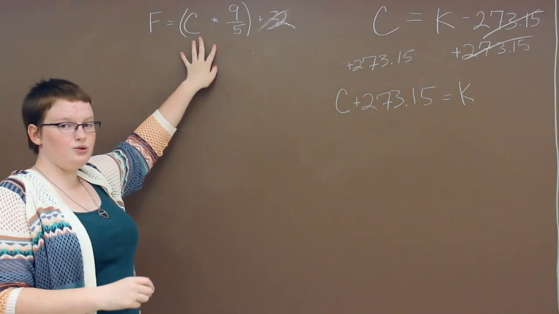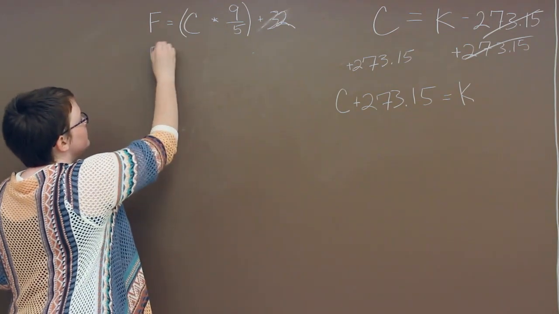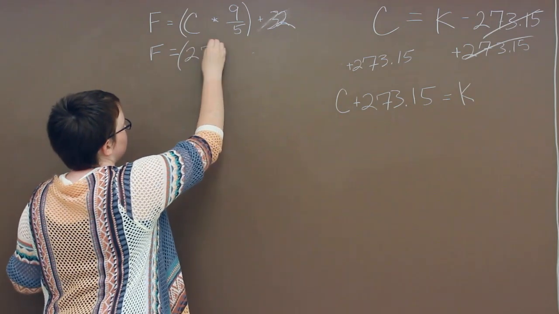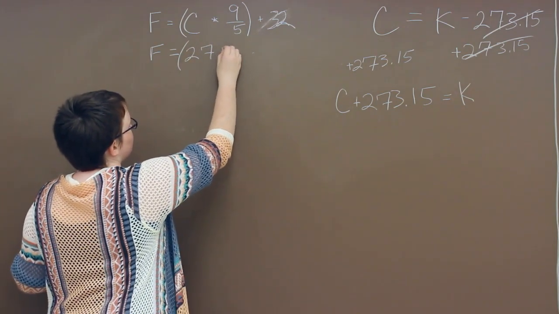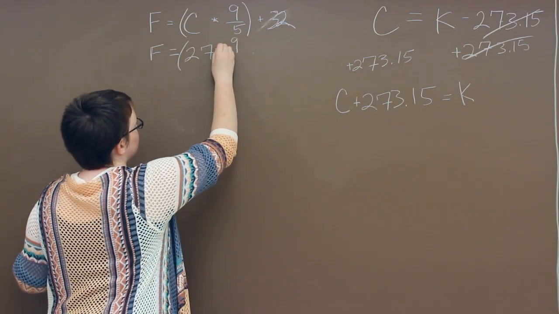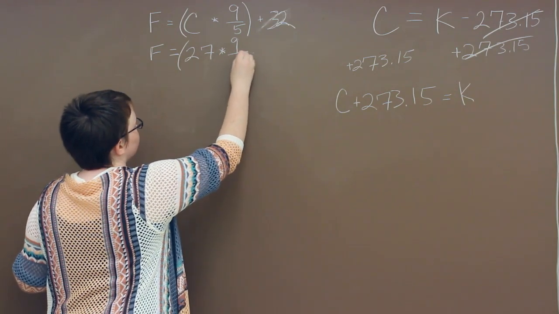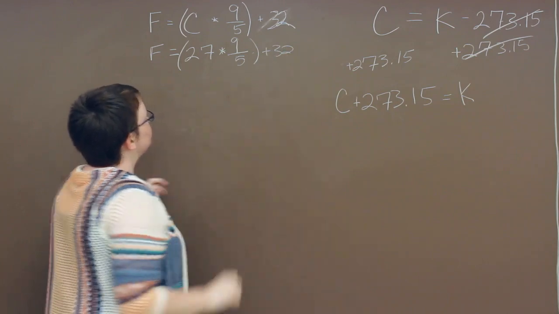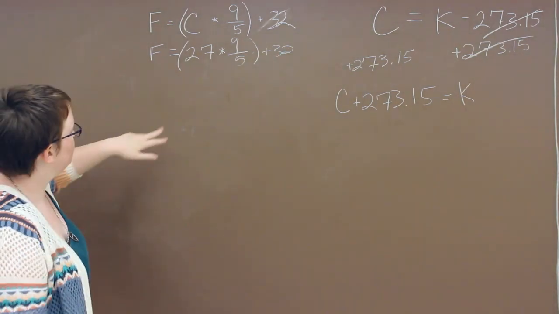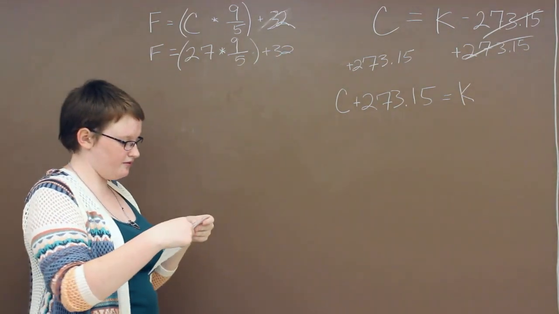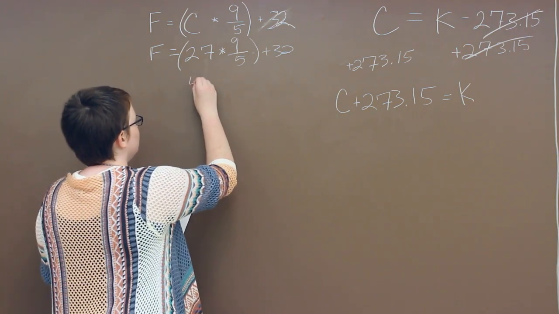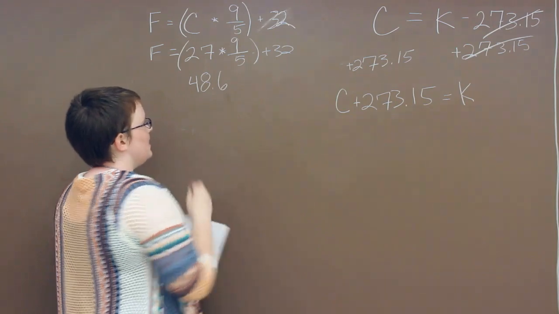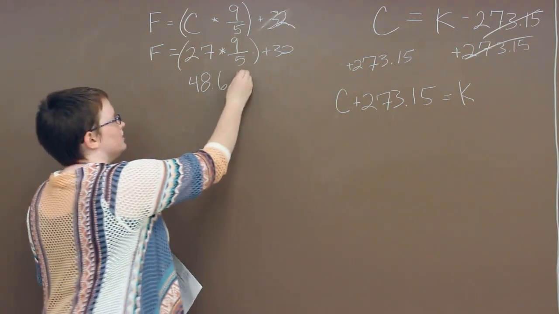So we're going to plug that into our equation here. So we have F equals 27 times 9/5 plus 32. Now if we multiply 27 by 9/5, we'll end up getting 48.6, and then you still have to add the 32 here.